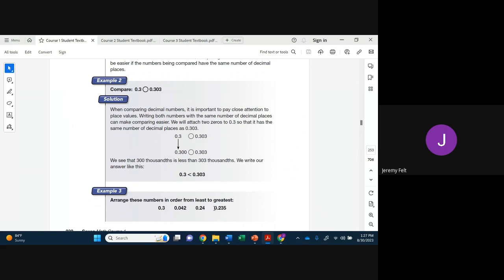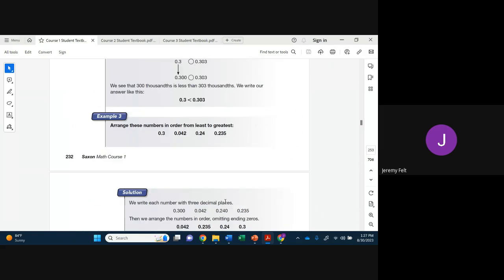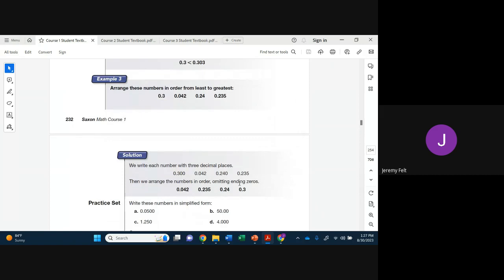So 4 is greater than 3. So 0.3, 0.24, 0.235, then 0.042 would be the order if we were going greatest to least, in this case, least to greatest. So yeah, 0.3 would be the largest, 0.24, 0.235.